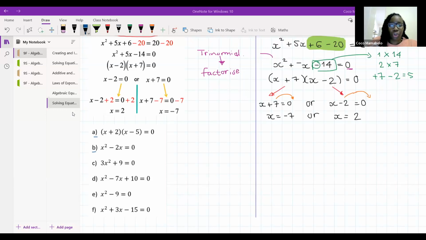If you happened to go to China and you found that they wrote something in Chinese, and I'm completely making up Chinese characters, and then you saw x, and then the next thing was x squared plus 5x plus 6 is equal to 20, even before you understand Chinese, you can be like, oh, they're asking me to solve for x. It's all the same, no matter how you do it.